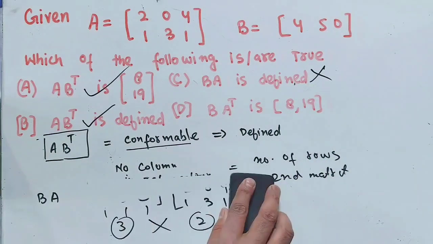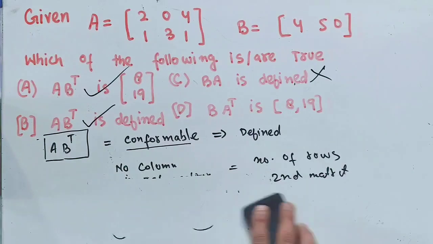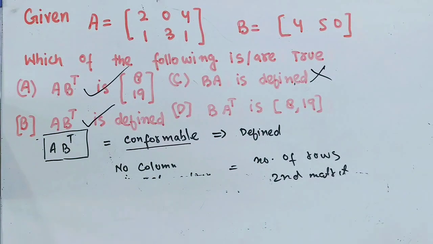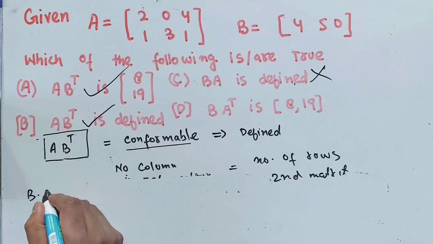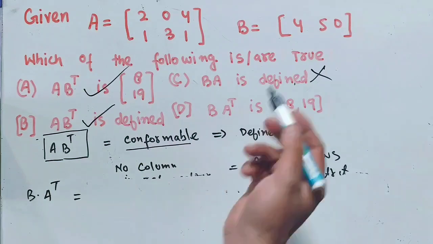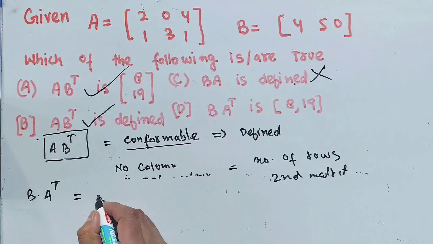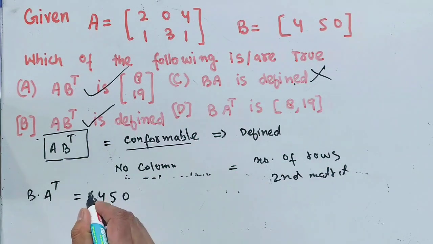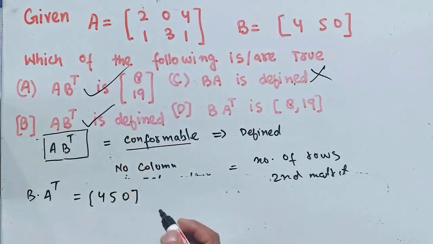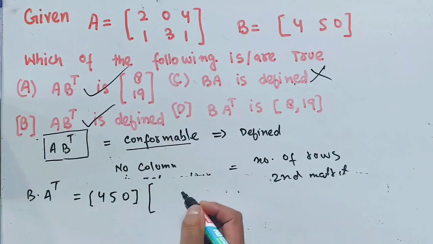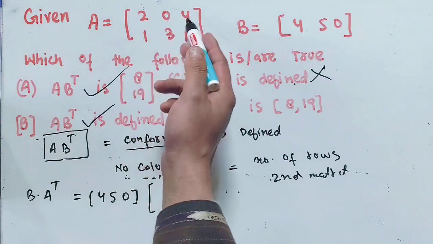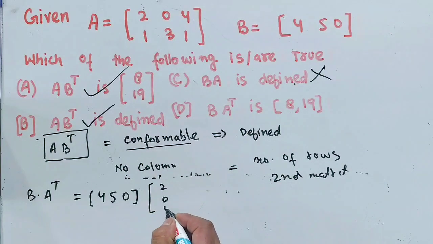Now let us see the last one. The last one says B times A transpose. So B is this 4 5 0, and this is A transpose, interchanging rows with columns. So we have 2 0 4 as one column, then we have 1 3 1.